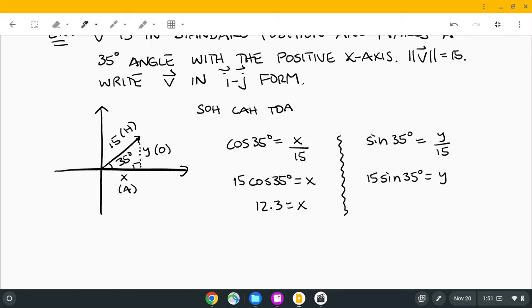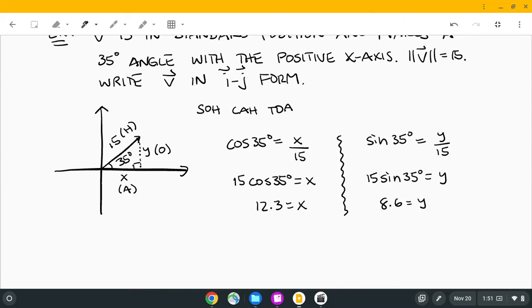If we punch that in, 15 times the sine of 35, then we get 8.6. All right, so we have the x component and the y component.